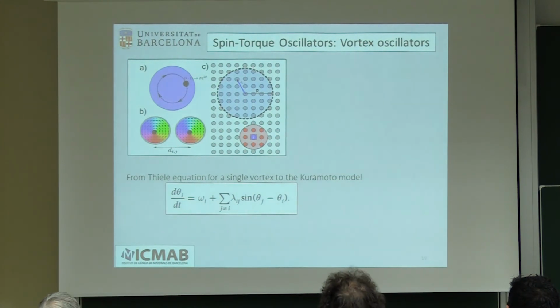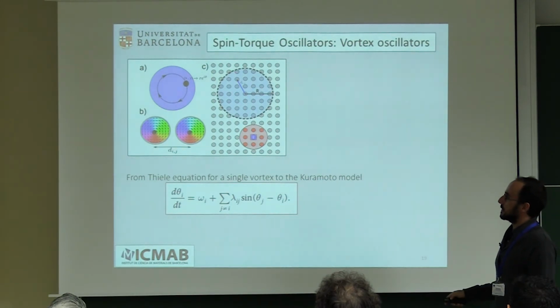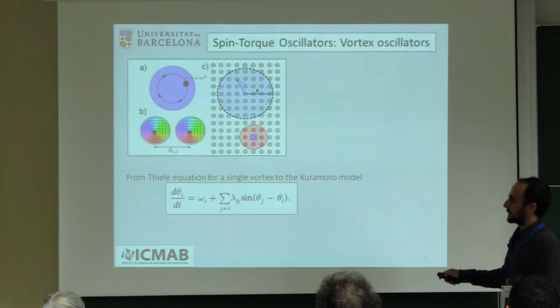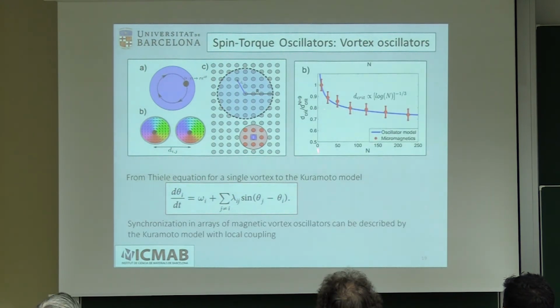From that equation, we put some extra coupling between different oscillators, and what we obtain is the Kuramoto model. The Kuramoto model is a very simple model for synchronization, used in many fields, including to describe the synchronization of neurons. So this is what we expect from the Kuramoto model, and this is the micromagnetic simulation. It fits very well.